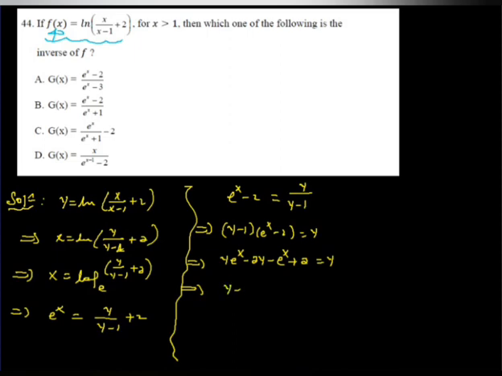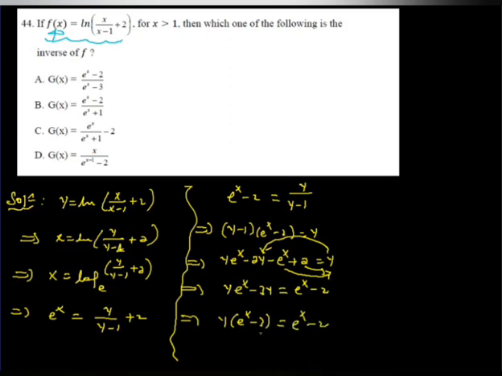So y times e to the power of x minus 3y is equal to e to the power of x minus 2. We take this to the right and collect y's together. So y into e to the power of x minus 3 is equal to e to the power of x minus 2.